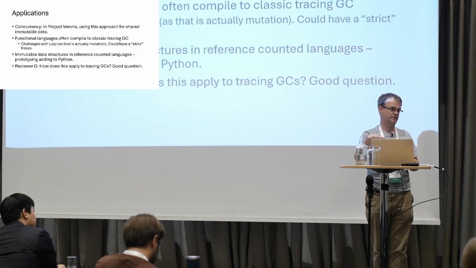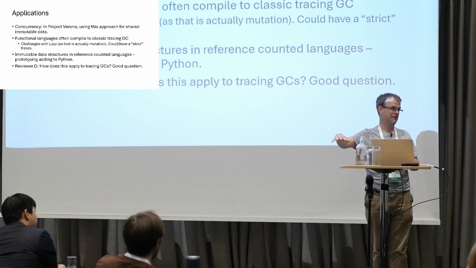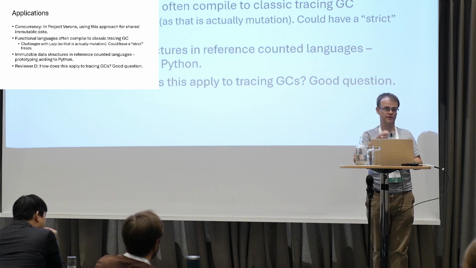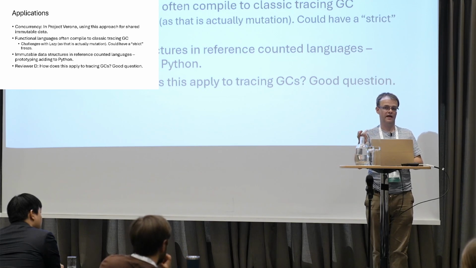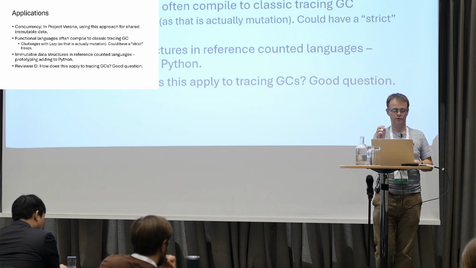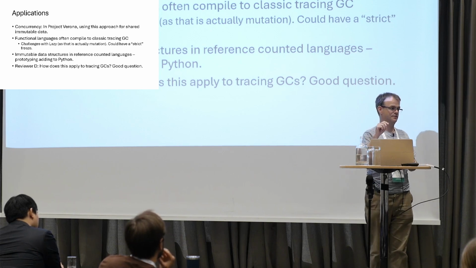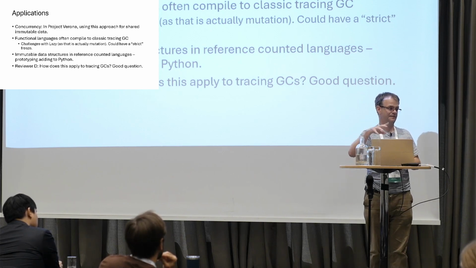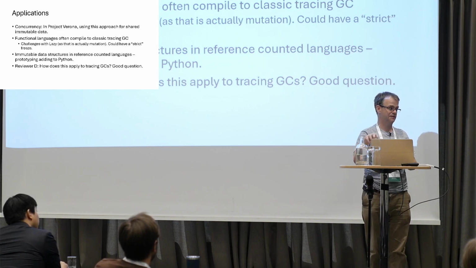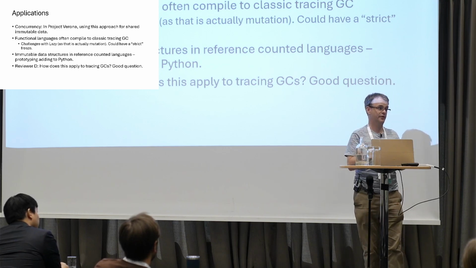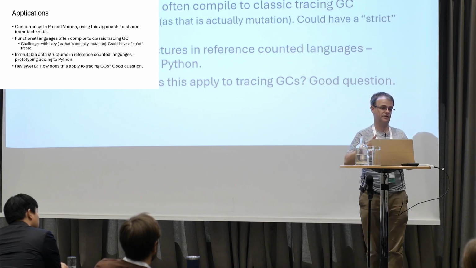Your early generations you still do as you would, but when you promote things to the longer lived generations, you might use reference counting for those older generations, and then periodically recalculate. It's always safe to use an incorrect strongly connected component graph: if you connect things which aren't actually connected, it's safe, but you won't collect memory that potentially could be collected.